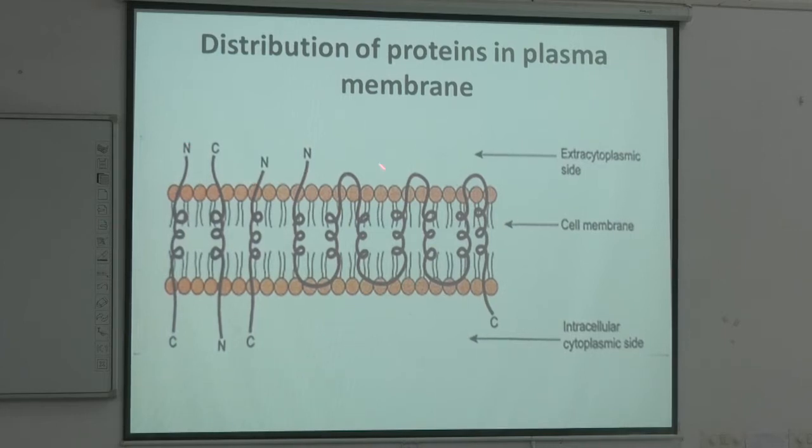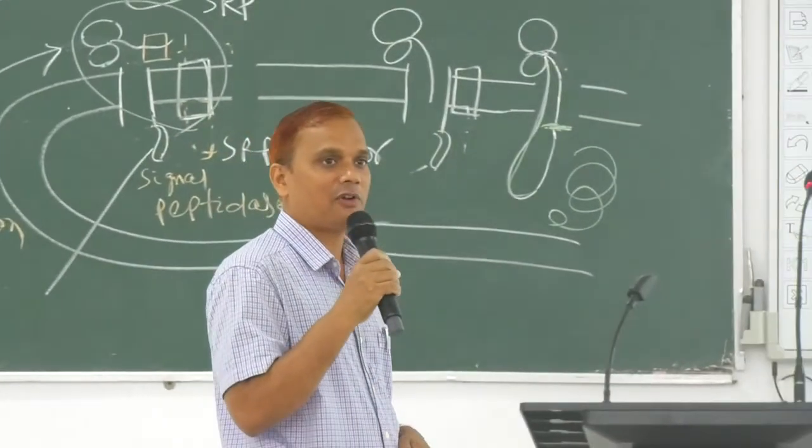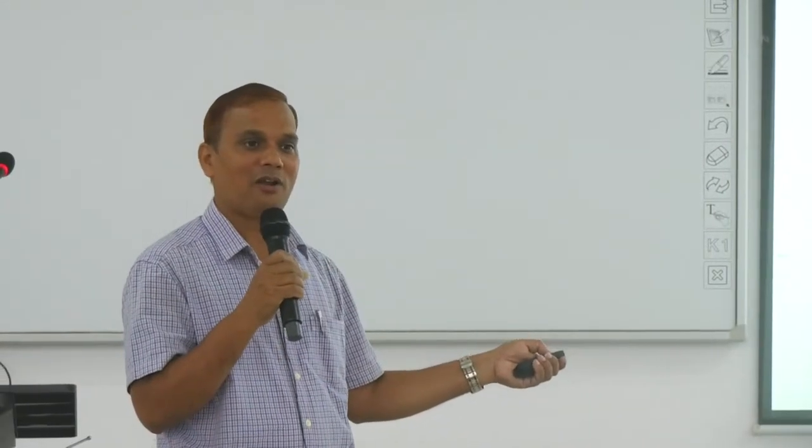But what happens with multiple or several transmembrane domains? Here examples we can take are glucose transporters and G protein receptors. These enter through multiple transmembrane domains.